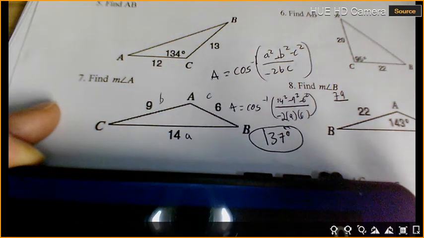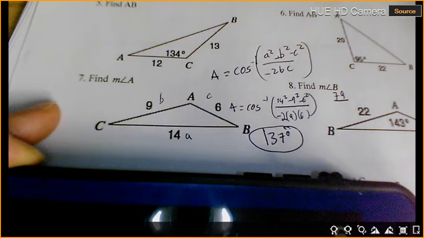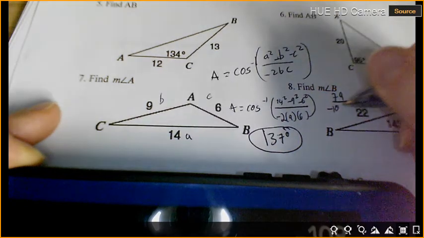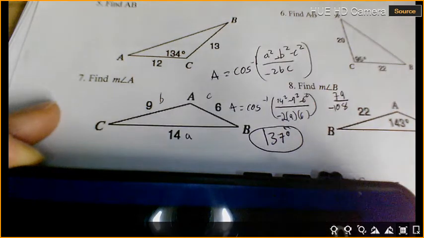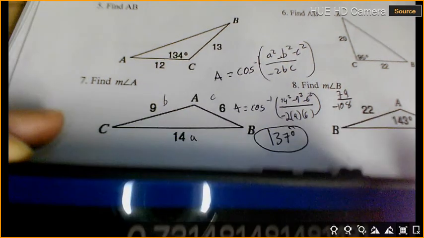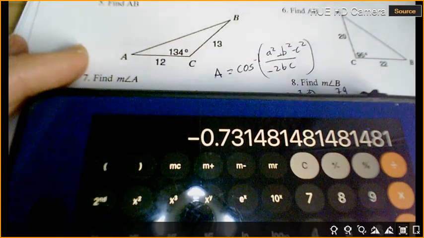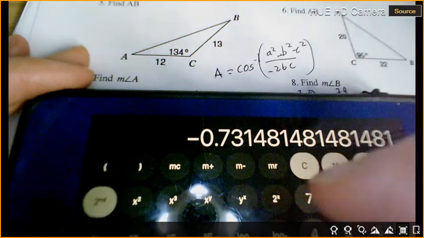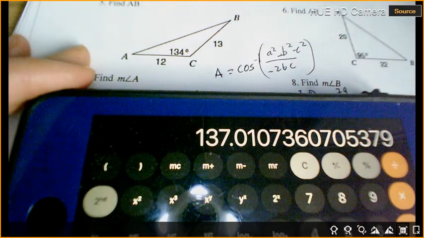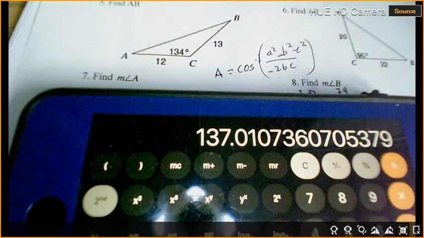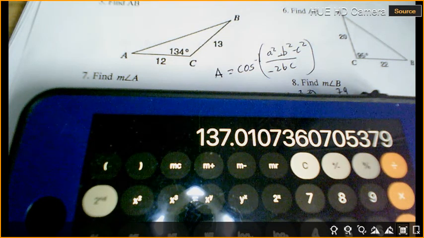That's step 2. You get negative 108. Then you're going to divide. You're going to go 79 divided by negative 108. Gives you this crazy answer. And then you hit second cosine negative 1, and you get the answer. If you have an Android, I believe it works better. It's easier. You just tried it, it doesn't? Okay.